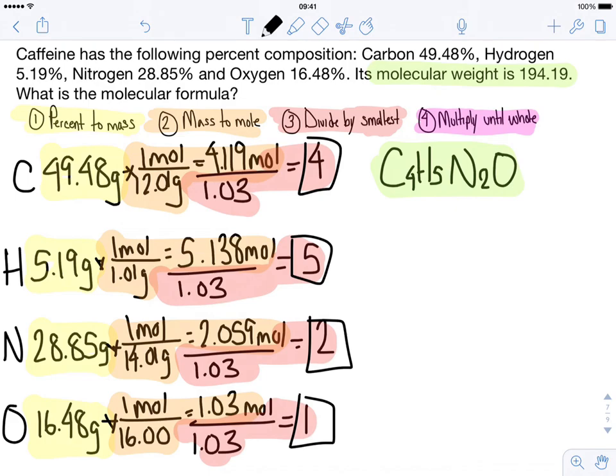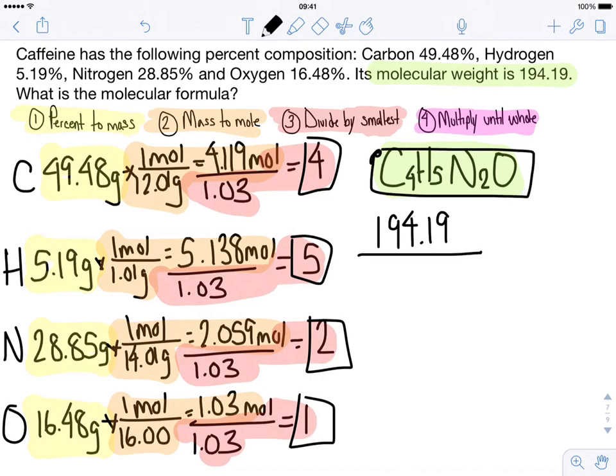The molecular weight, which was given in the problem, is 194.19. And we need to divide that by the weight of our empirical formula. To figure that out, you would just do 4 times the atomic mass of carbon, 5 times the atomic mass of hydrogen, so on and so forth. If you figure that out, it comes out to 97.11.